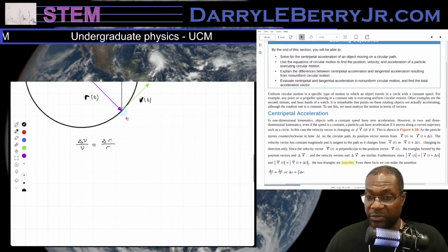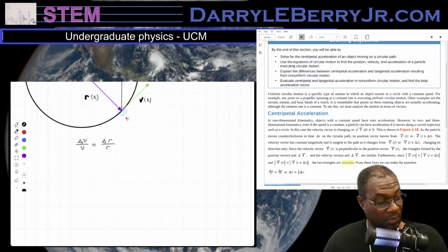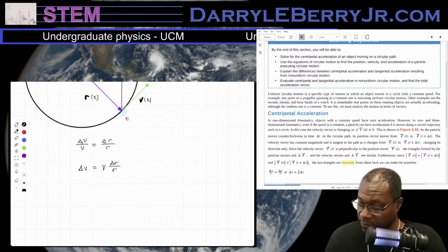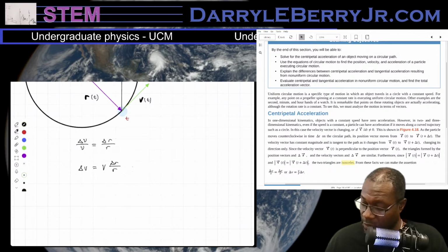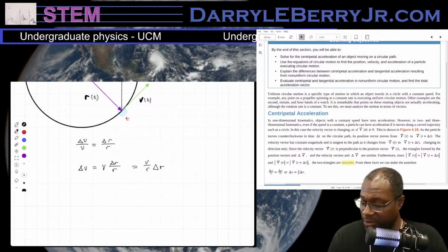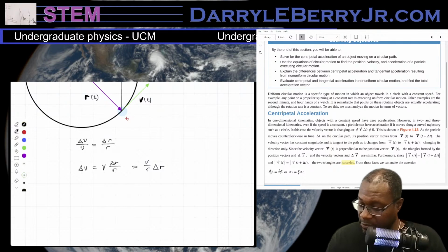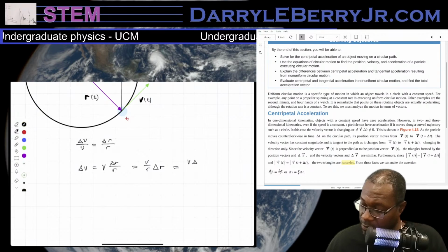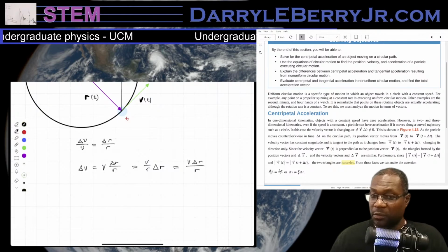Change in V over V equals change in R over R. So change in V equals V change in R over R. Equals V over R change in R, to write it a different way. Or change in R over R.